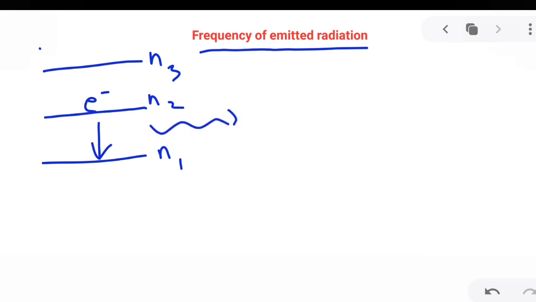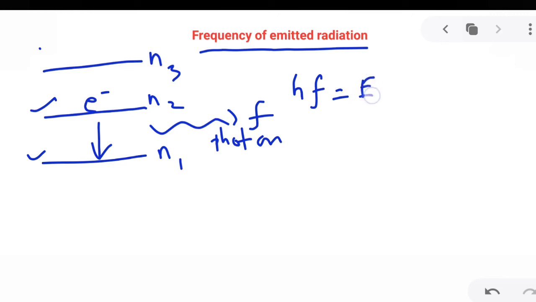If f is the frequency of this photon, then the energy of the photon will be hf, and this energy will be equal to the difference of the energies of these two levels. So hf is equal to En2, the energy of the electron in energy level n2, that is the initial level from which it is coming, minus En1, the final energy level, the level to which the electron is going.